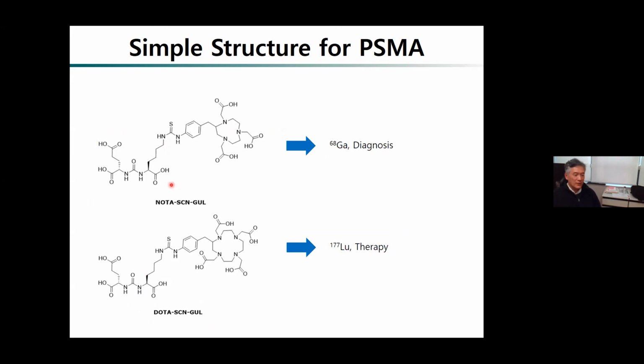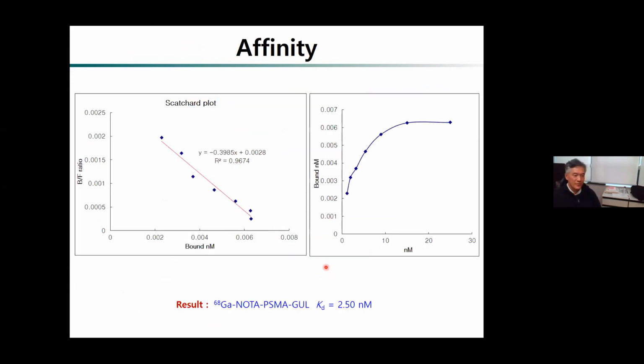So we developed new types of NOTA and DOTA compounds for gallium and lutetium labeling, and then we tested the affinity. The KD value for PSMA protein is around 2.5 nanomolar concentration.